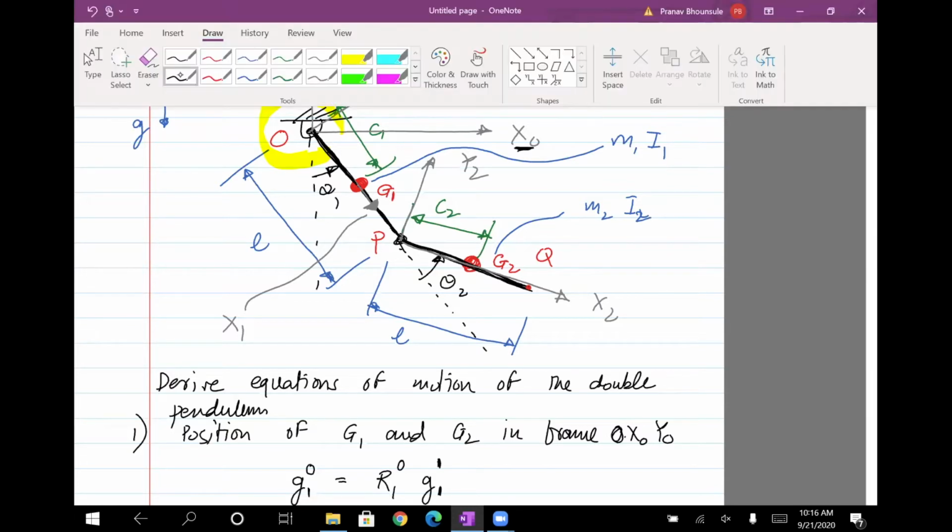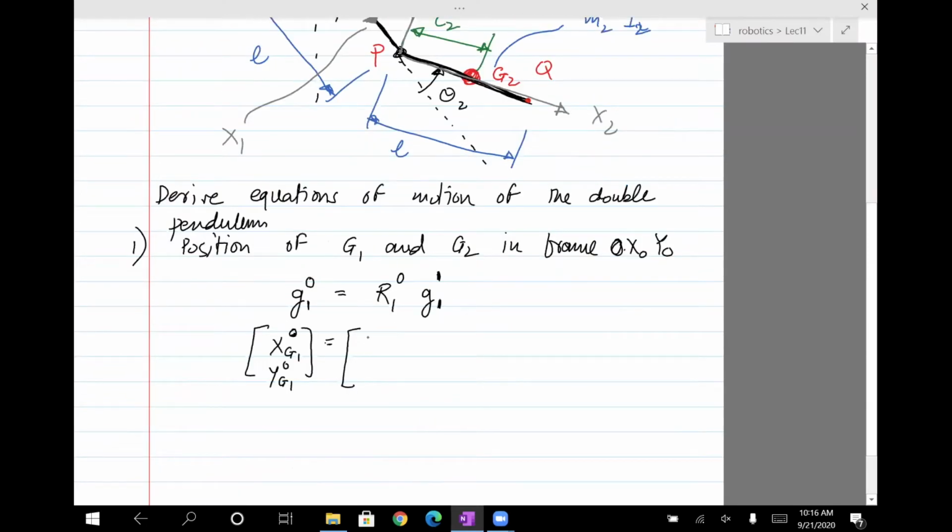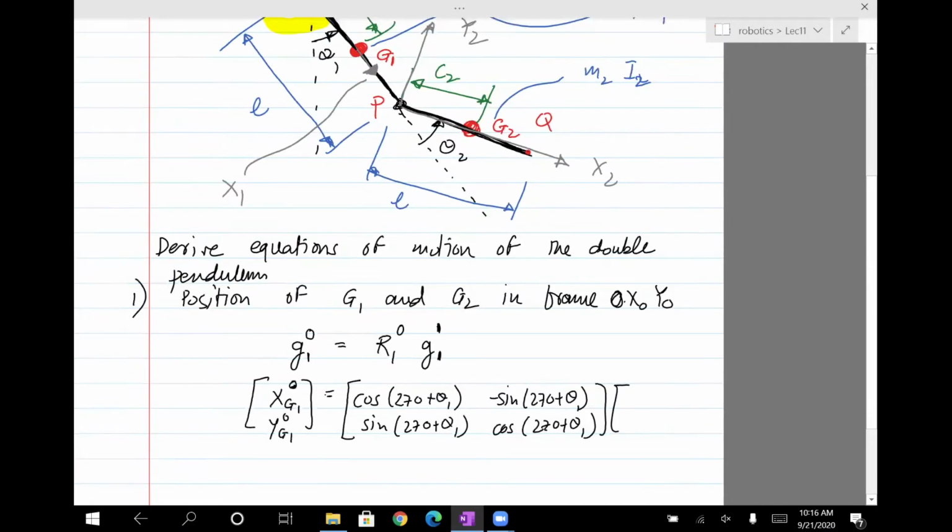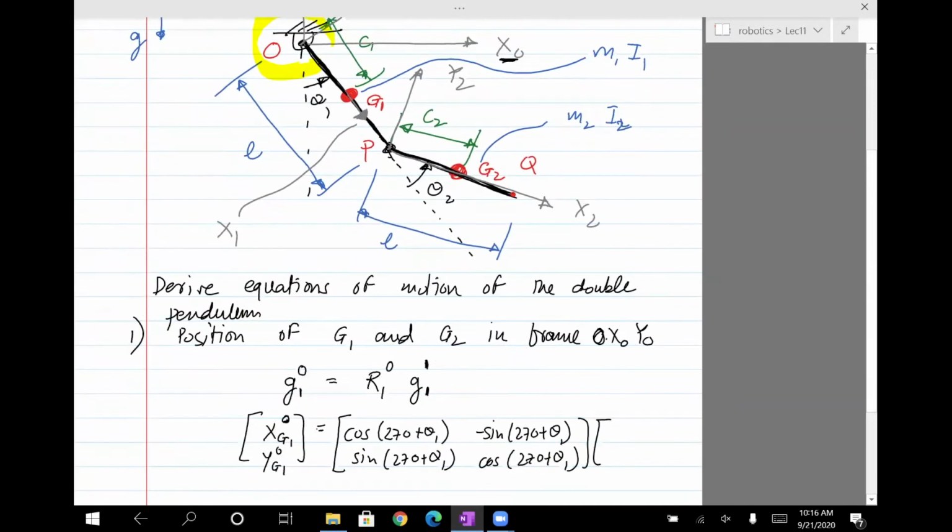So I'll write it as cosine of 270 plus theta 1, minus sine of 270 plus theta 1, sine of 270 plus theta 1, and cosine of 270 plus theta 1. Okay, and then I need to find the position of the center of mass G1 in frame 1. What's frame 1?